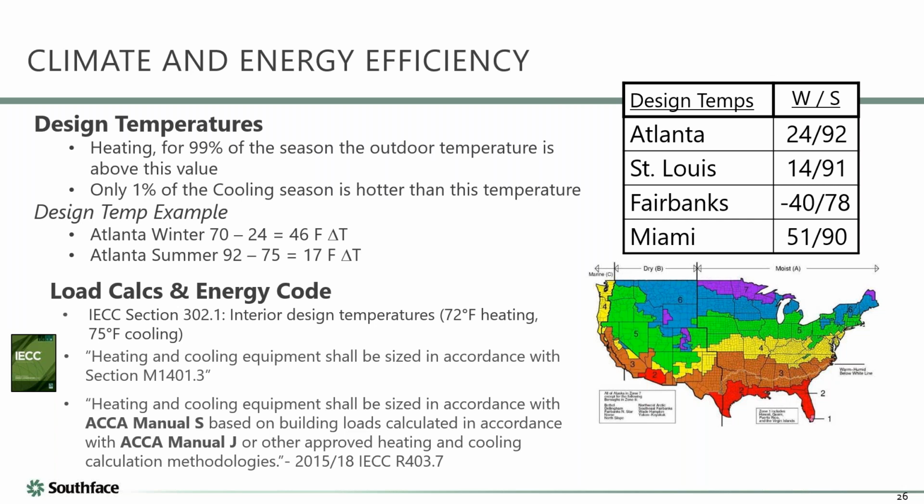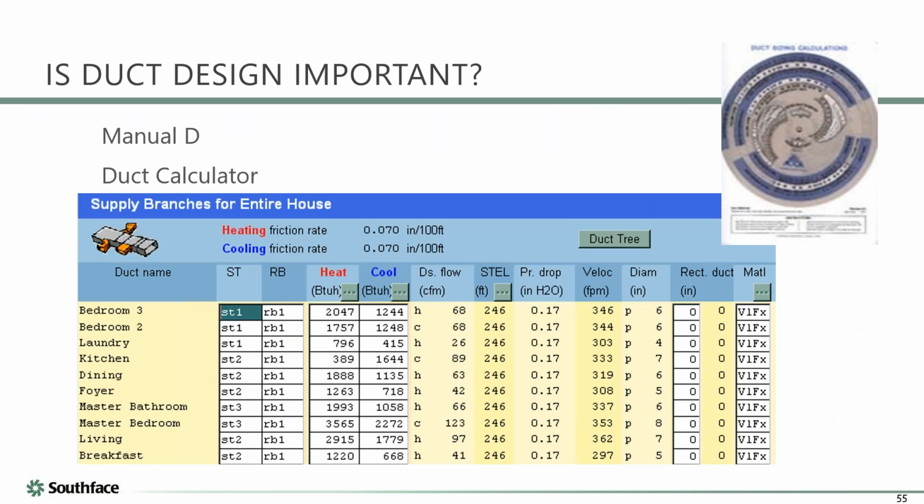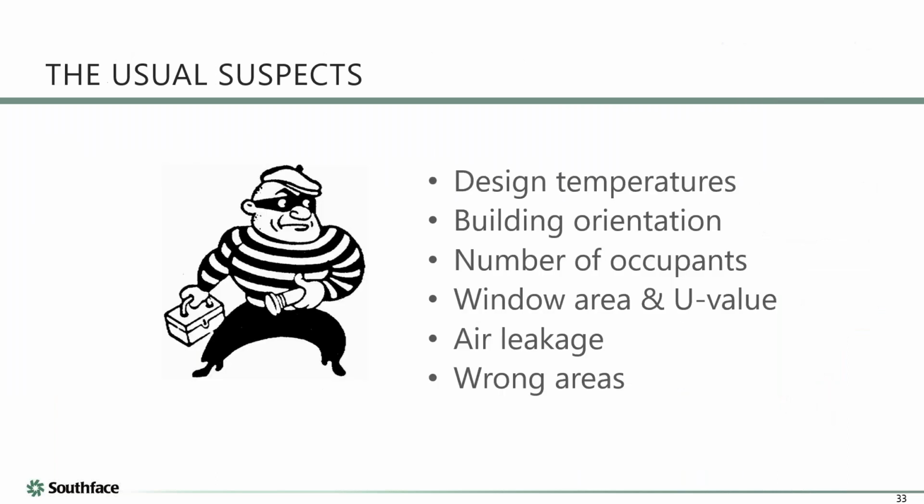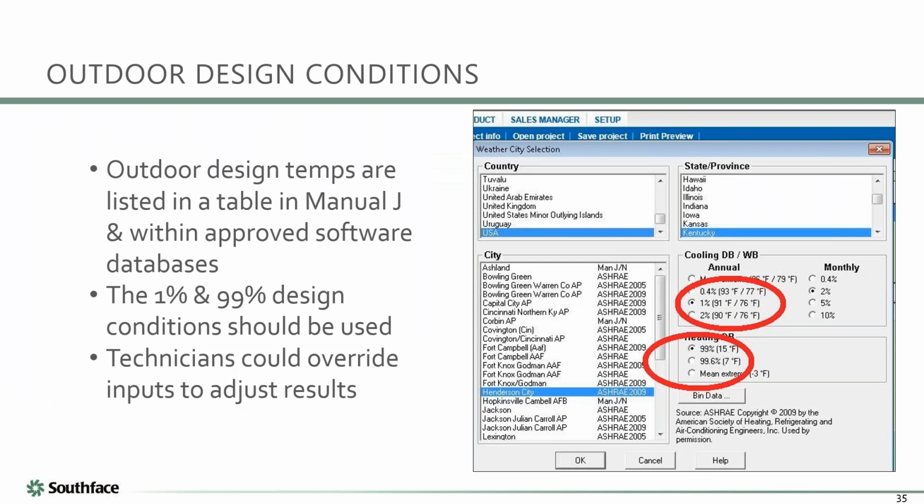But I've seen people turn in loads that did that. Commercial buildings, a lot of mechanical engineers sometimes hit it with a sledgehammer, and they'll use the 99.6 and the 0.4 design temperatures, which I had up a second ago.